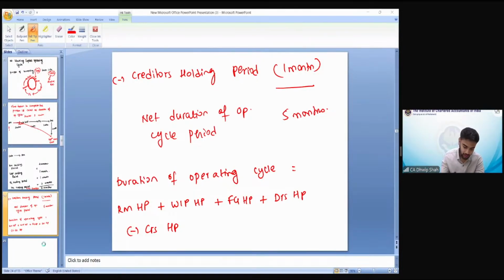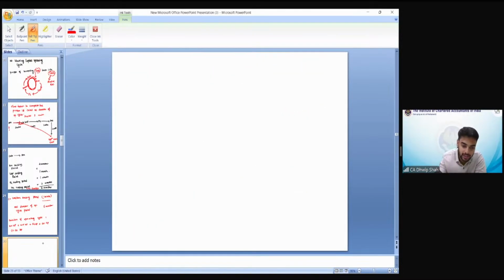So how to solve operating cycle period ka question? Very simple. First, write down the formula.